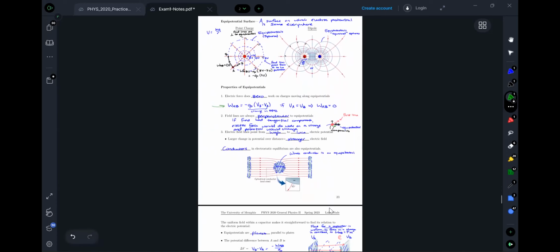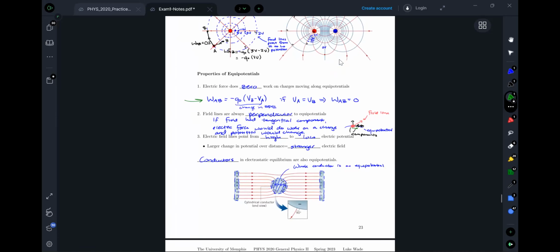So which way does the electric field point in terms of the potential? High to low.